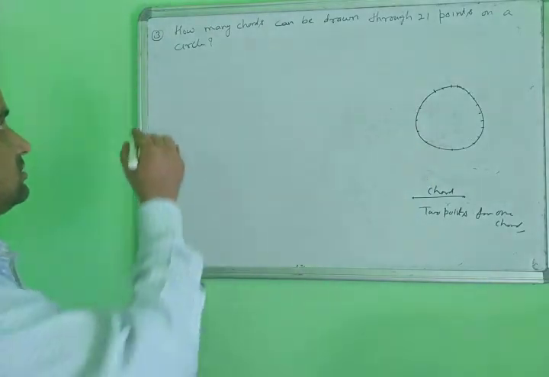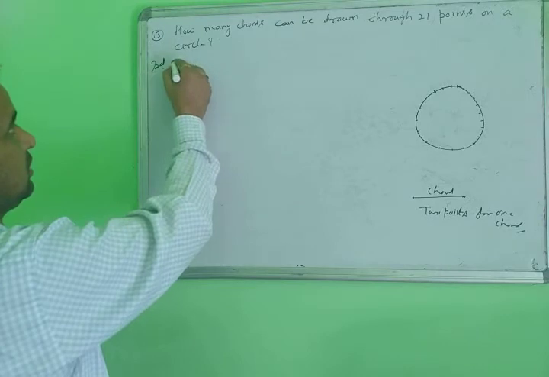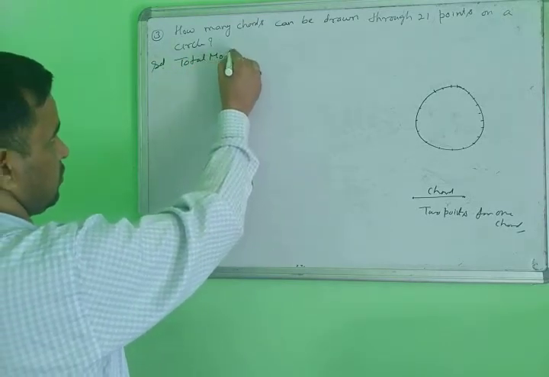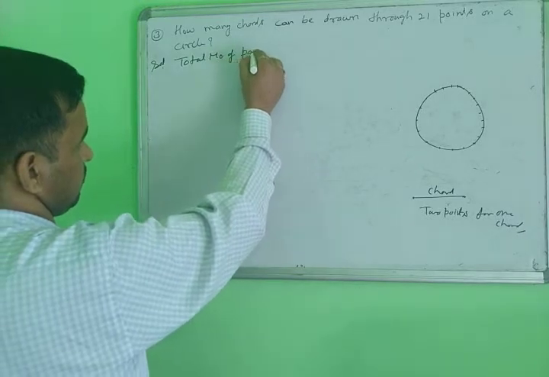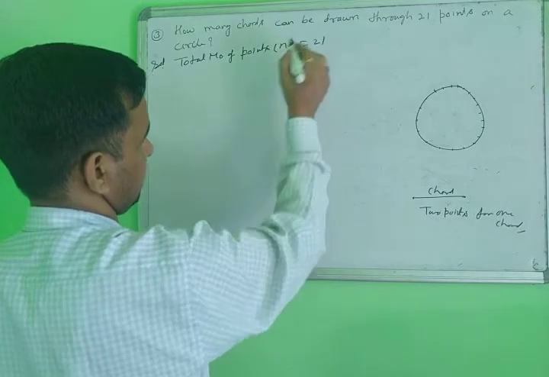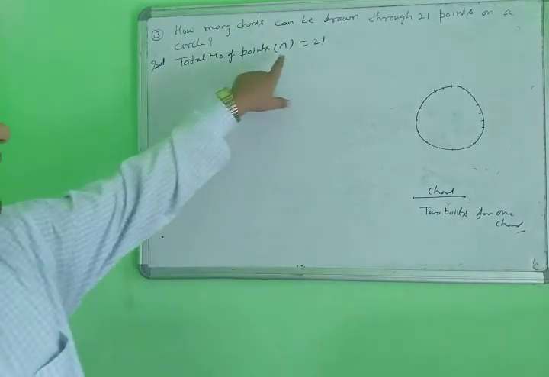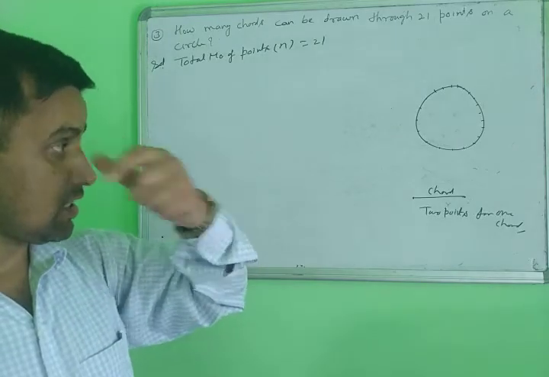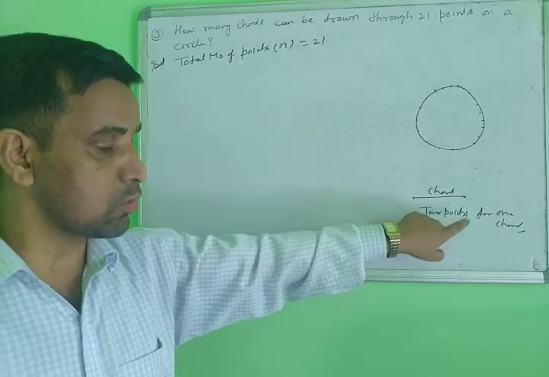Yes. Start the solution. Total number of points, this is called the n. This is your 21. This is called the n, and total number of points is 21. Second thing, how many points are required to draw 1 chord?